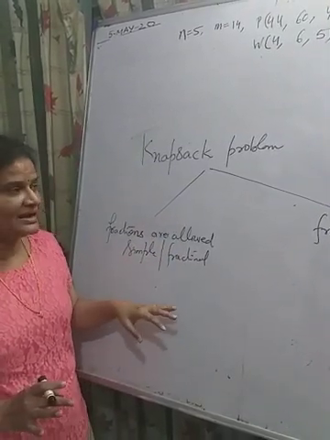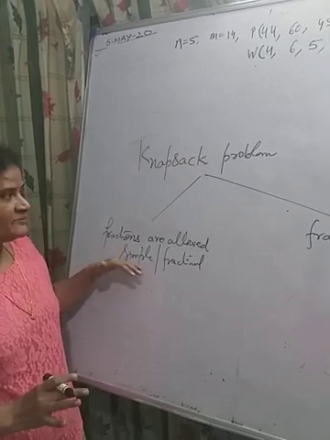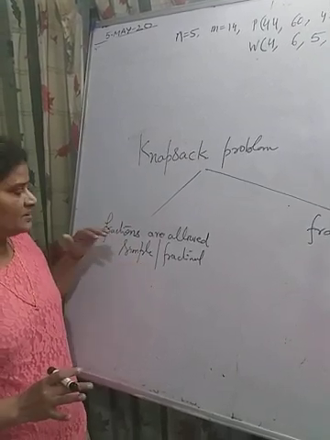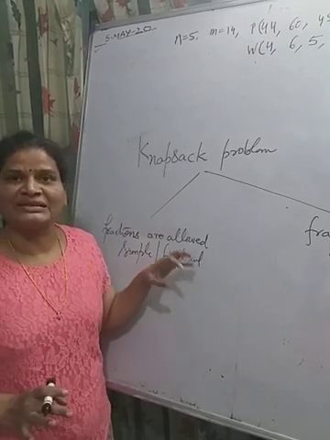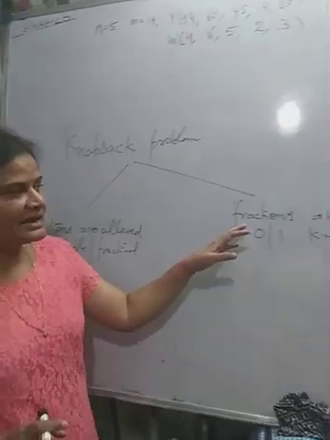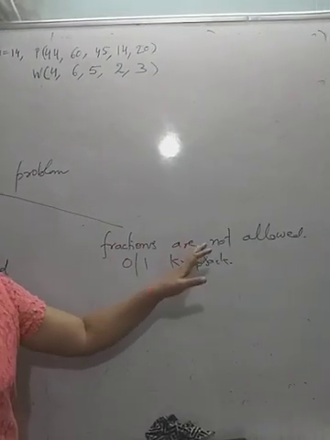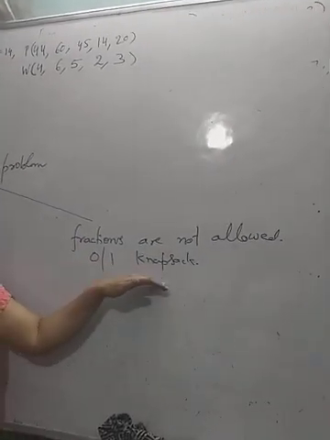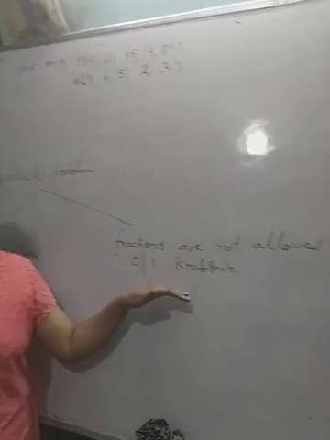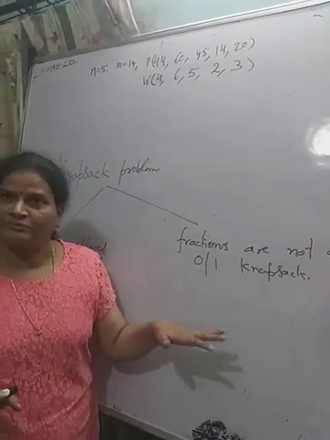What is the meaning of that? If suppose we are solving a knapsack problem where the fractions are allowed, the profit we get is the maximum, and when the fractions are not allowed, it means it is the 01 knapsack problem, then the profit may not be maximum.